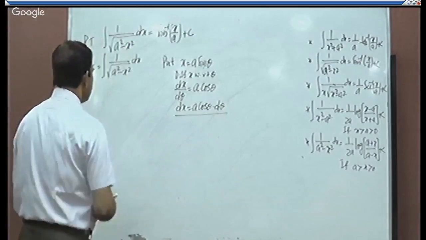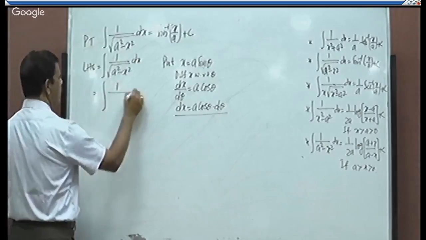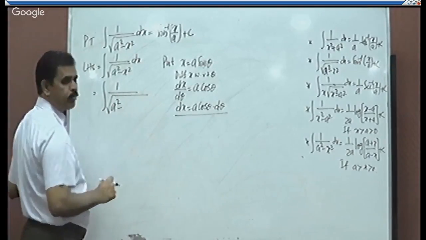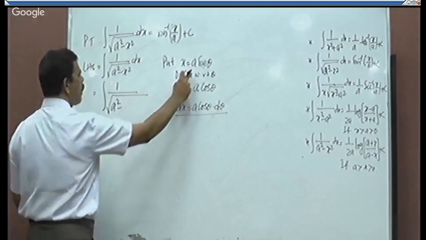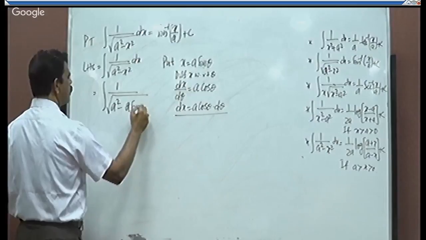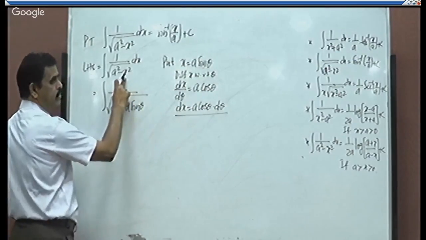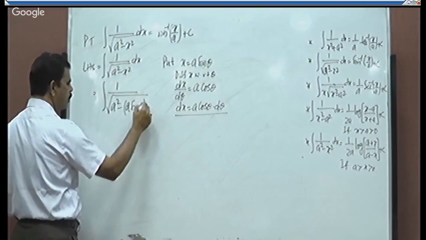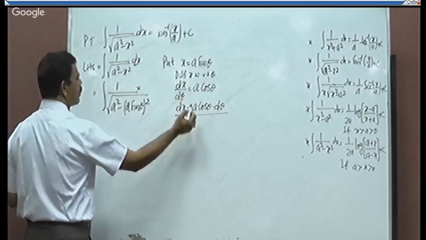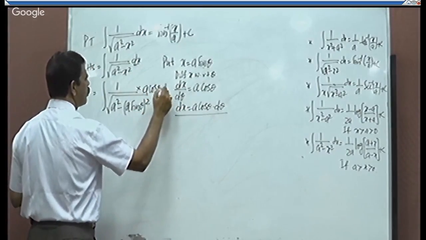Right? Substitute in the integral 1 divided by root of a square minus, I want to replace the x value. X value is taken as a into sine theta, so x square is a sine theta whole square. In place of dx, I have to write a into cos theta into d theta.